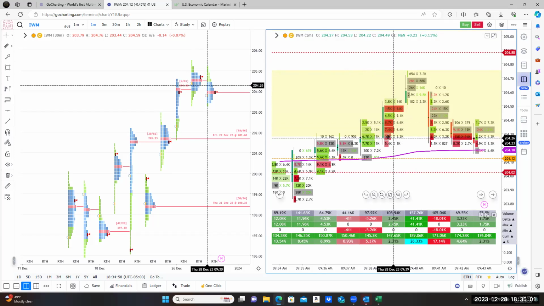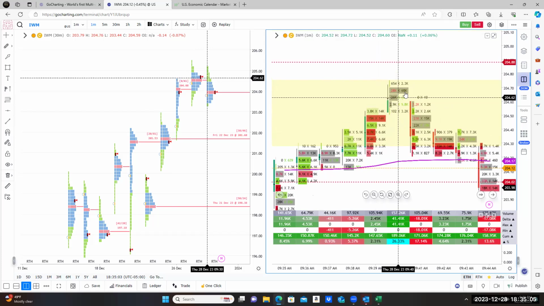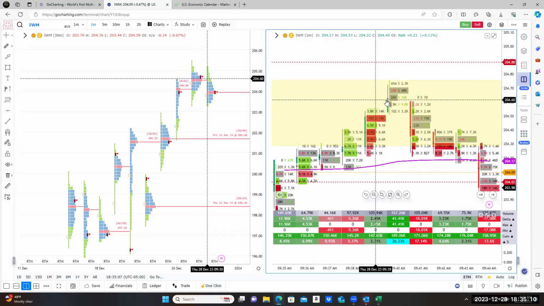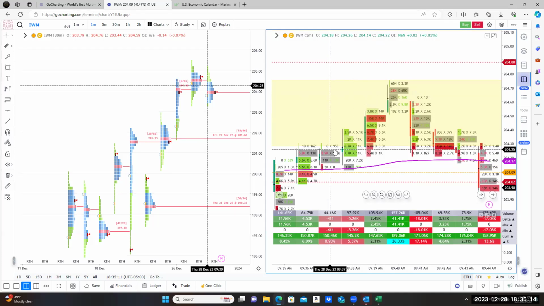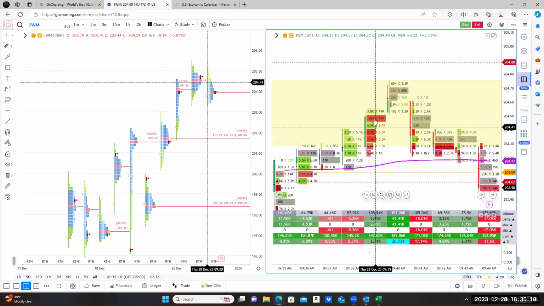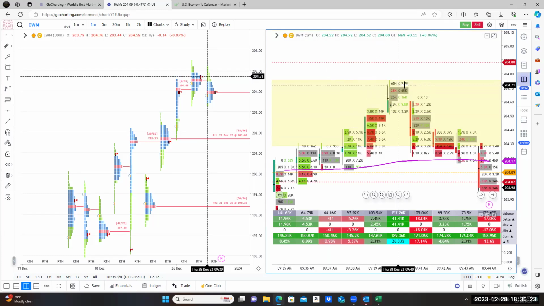That's a nice little P shape there too. Here's the opportunity. There's a nice tail there. We went from 953 buyers there, 5,000 buyers, 14,000 buyers to 2,000 buyers.